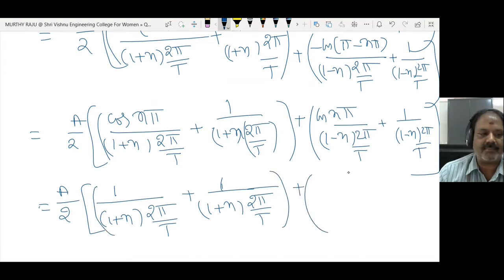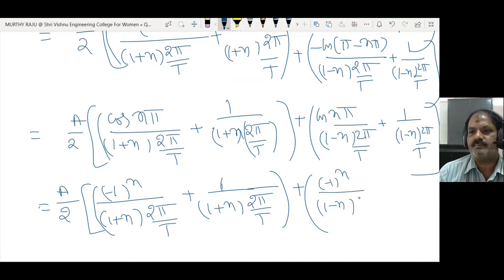This one is cos n pi; cos n pi value is minus 1 whole power n. Here cos n pi is minus 1 whole power n, 1 minus n 2 pi by t.